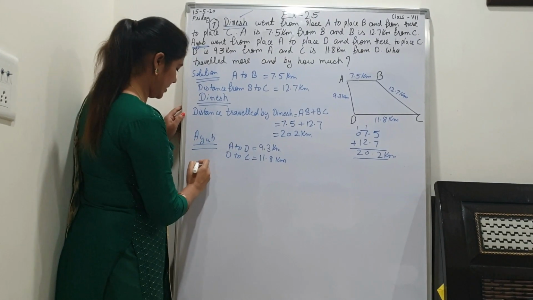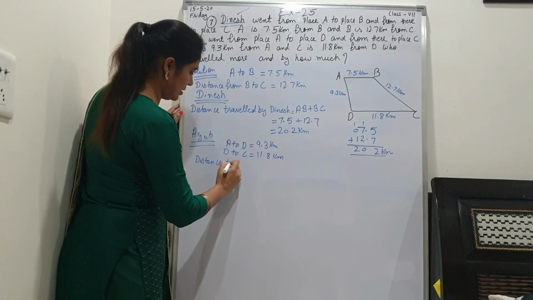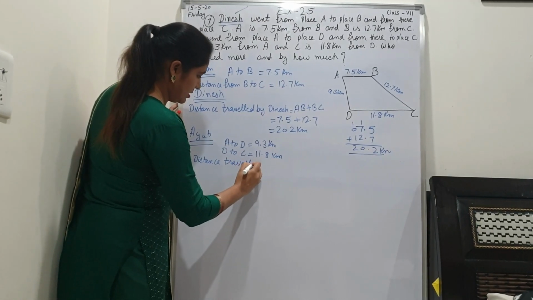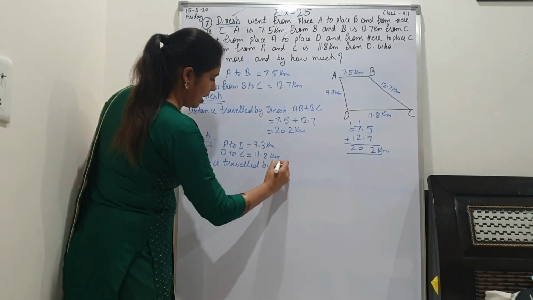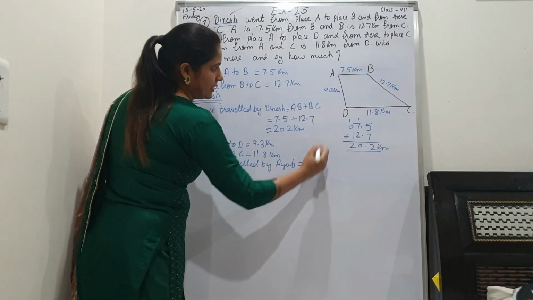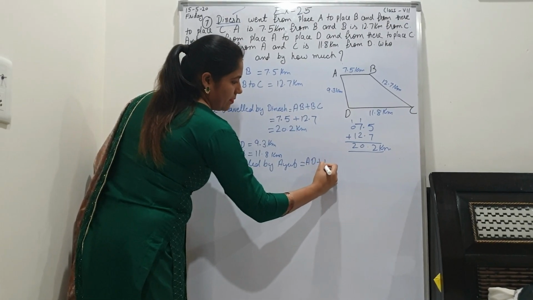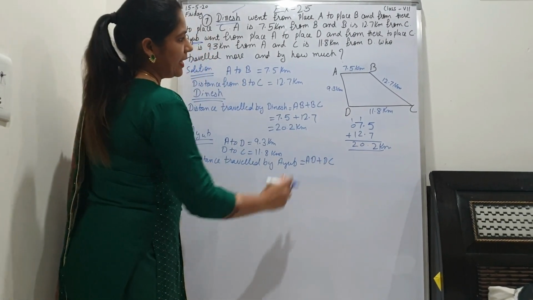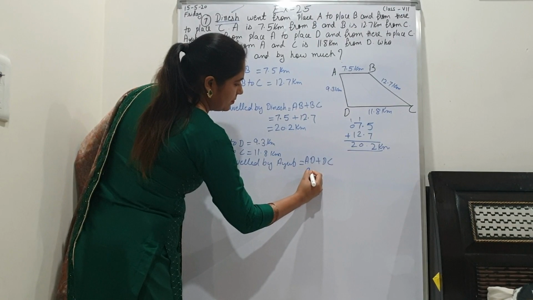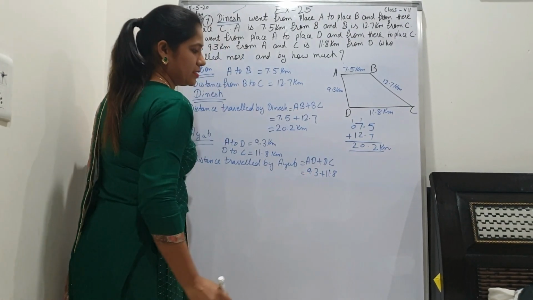So we have to find distance. We will add them. Distance traveled by Ayub. Now we will add them, that is AD plus DC. So AD is 9.3 and DC is 11.8.